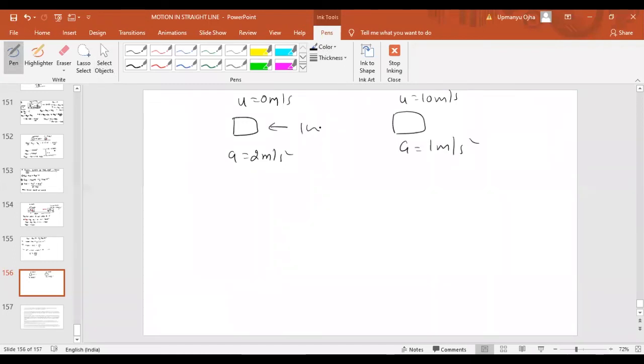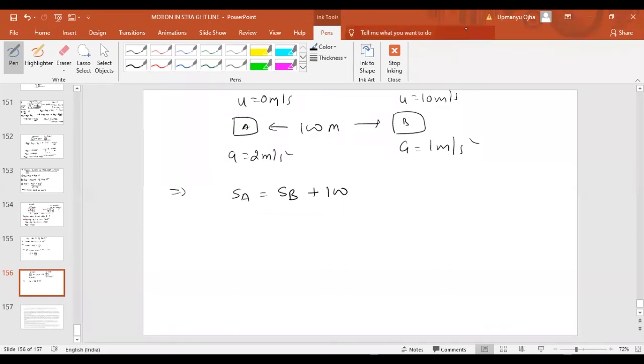Initial separation is 100 meter. That was the initial condition. Now the displacement of A should be equal to displacement of B plus 100 meter, in some time t.